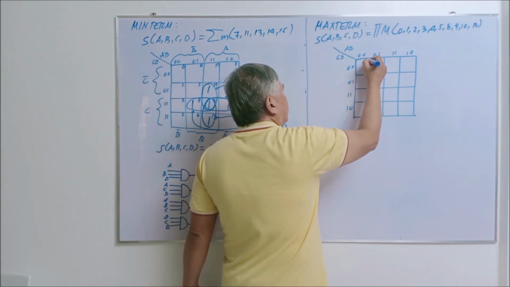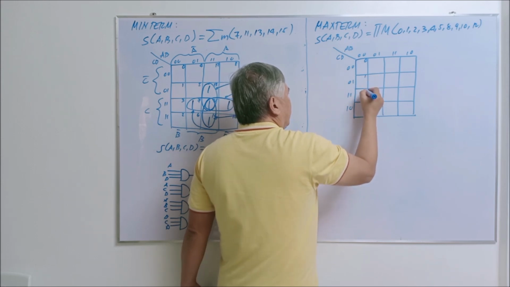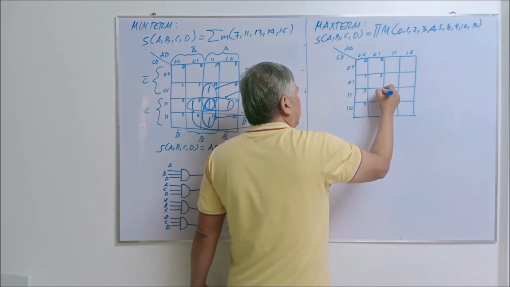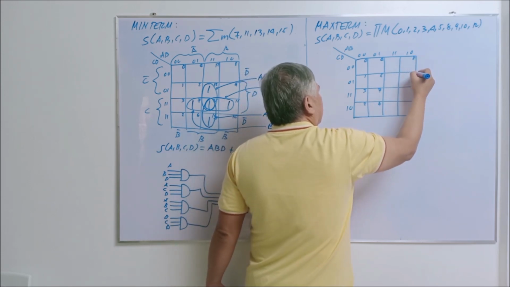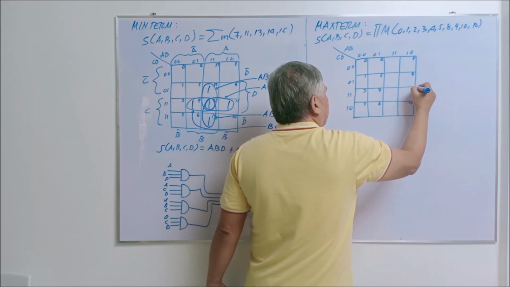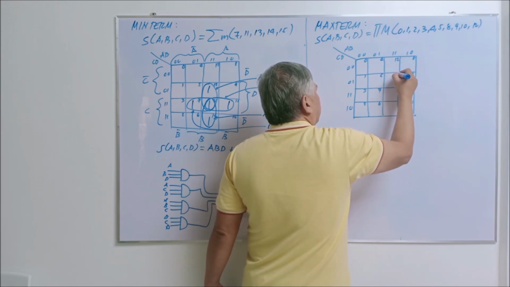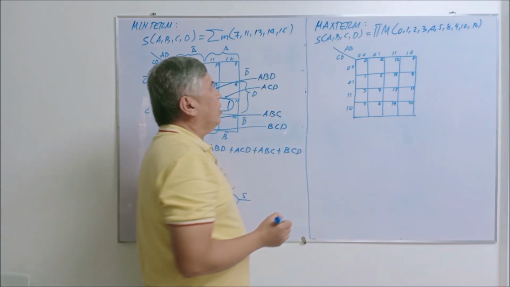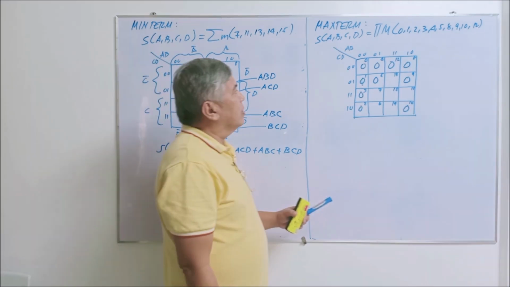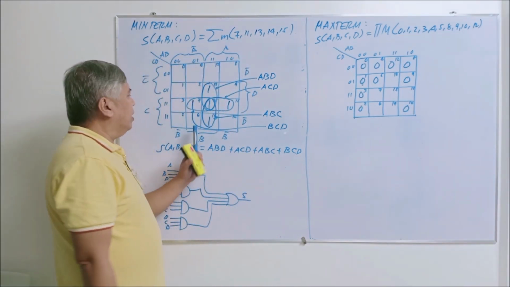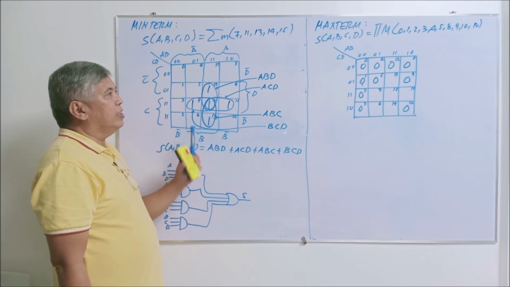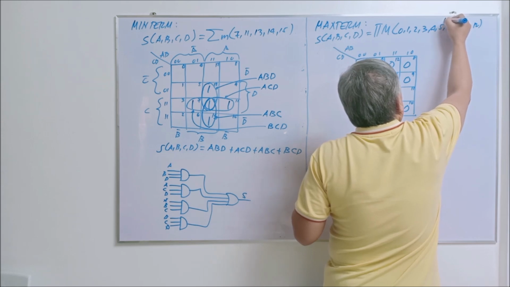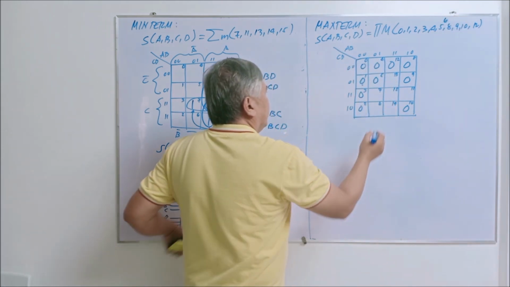You have 0, 1, 2, 3, 4, 5, 6, 7. Then here 8, 9, 10, 11, 12, 13, 14, and 15. Then we locate the max terms. By the way, we forgot to include the 6. So we just put it here. After 5 is 6. So we include 6 here.